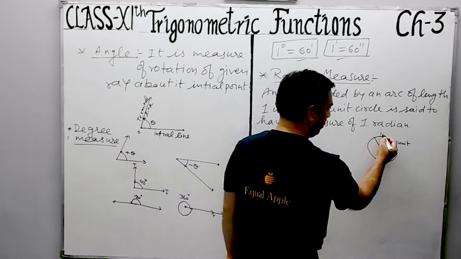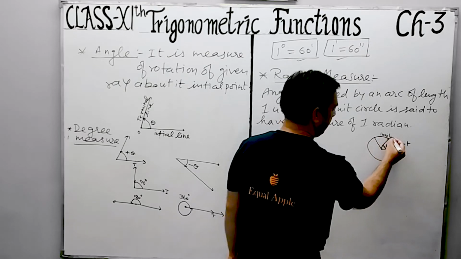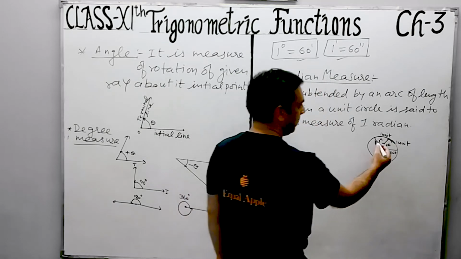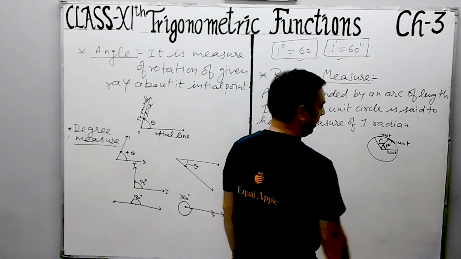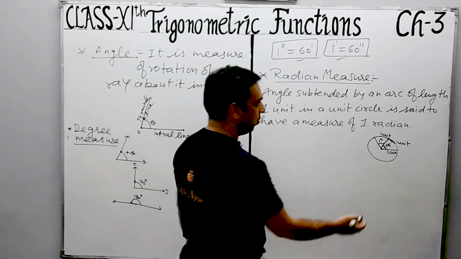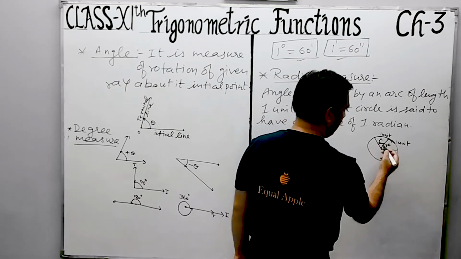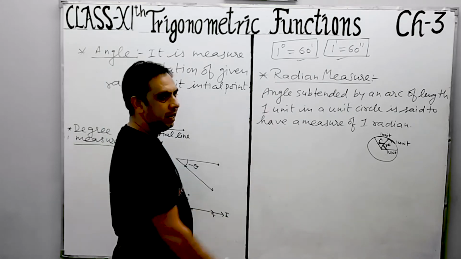If we have one more unit length of an arc, then it will become 1c. So if the length of an arc is 2 unit, the angle subtended by this is 2 radian. So this is the radian measure of any angle, right? So this is our second type of angle measurement.